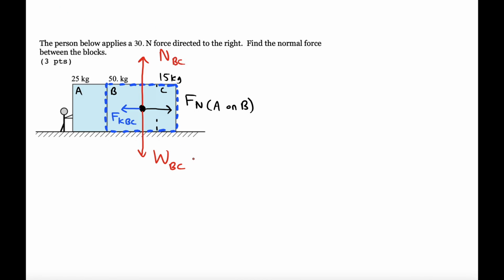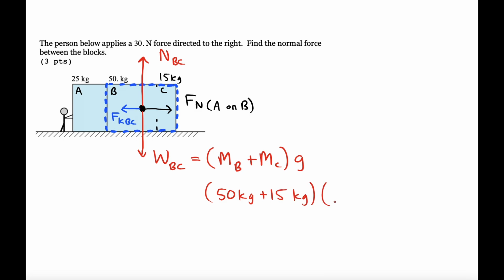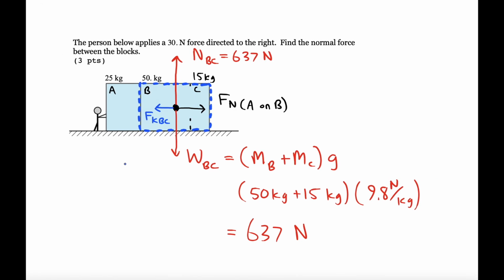We would have a weight for B and C and a normal force for B and C. So the weight will be the mass of B plus the mass of C times g. So that's going to be 50 plus 15 times 9.8, 637 newtons. So our normal force would also be 637 newtons. We can now find the friction.